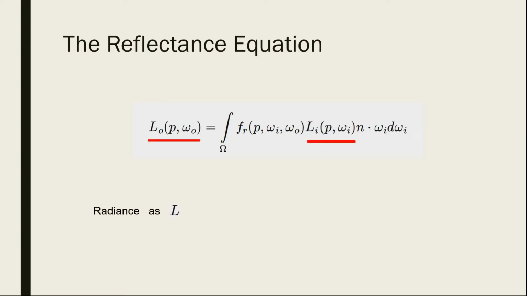Radiance, with the symbol L, is the quantity, the magnitude or the strength of the light coming in the same direction. Here on the left is the strength of light that is coming out, and is what we want to find. The one on the right is the strength that comes in.